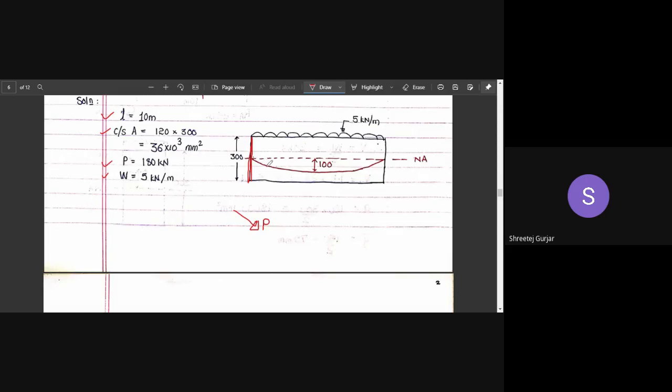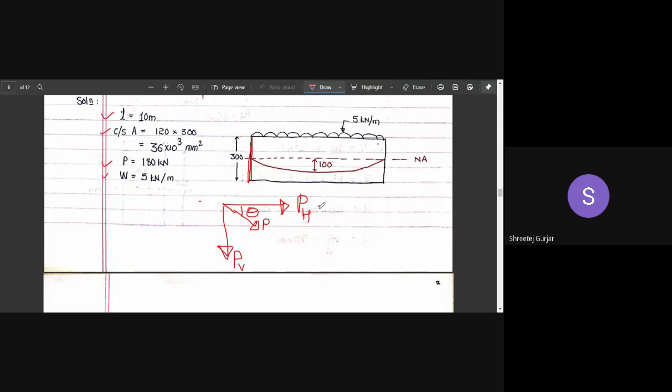We consider this as your horizontal and this as your vertical. It is in the downward direction, hence it will come downwards. So this is PV, which is vertical, and this is PH, which is horizontal. I have resolved this particular P into horizontal and vertical force.